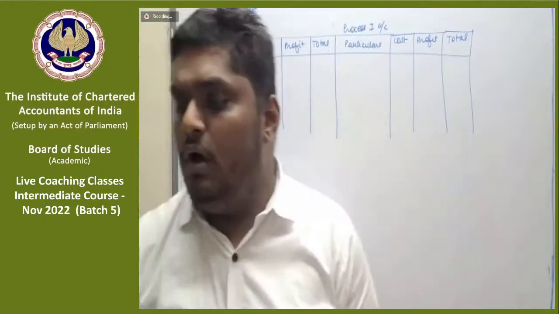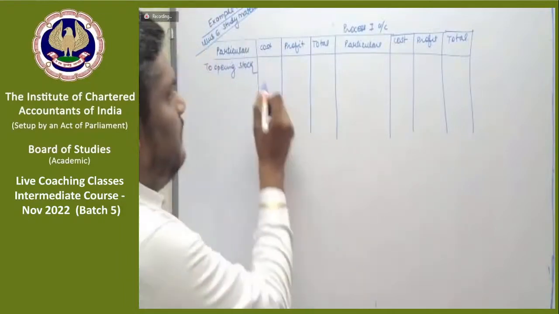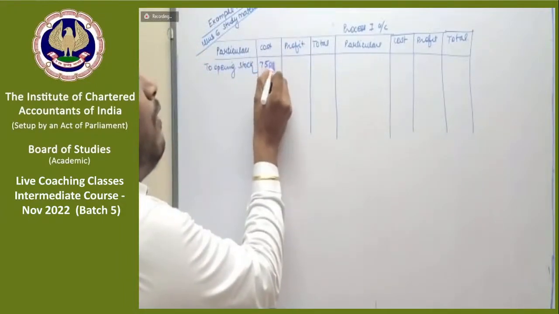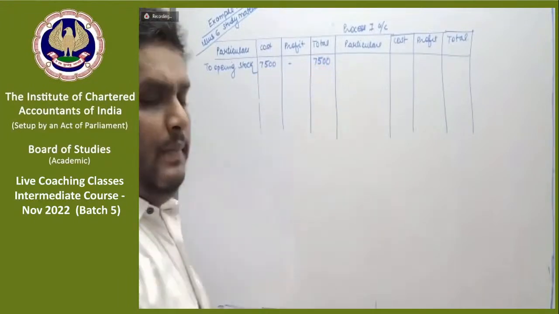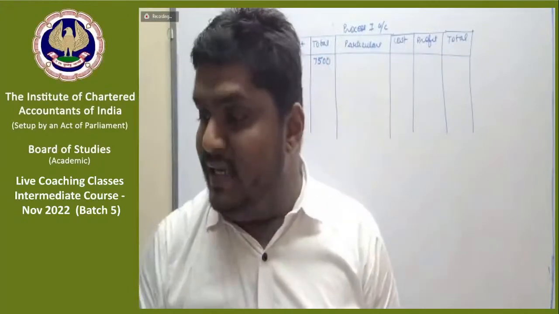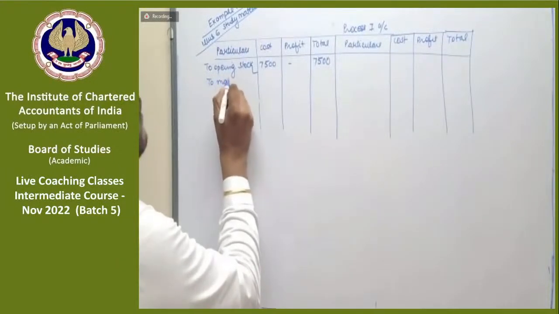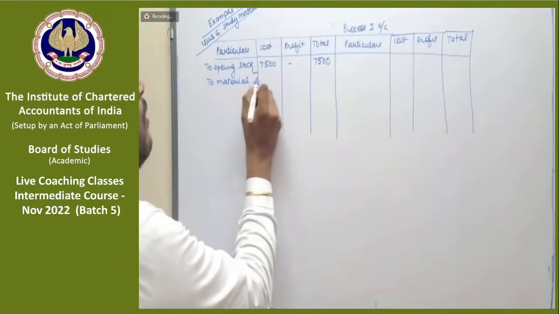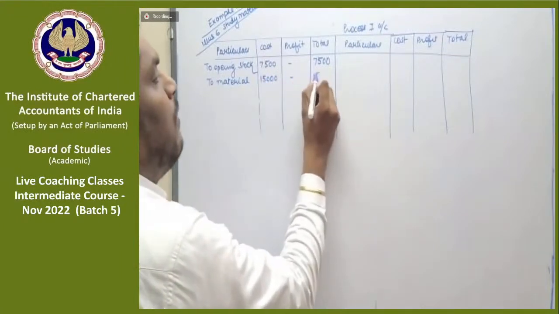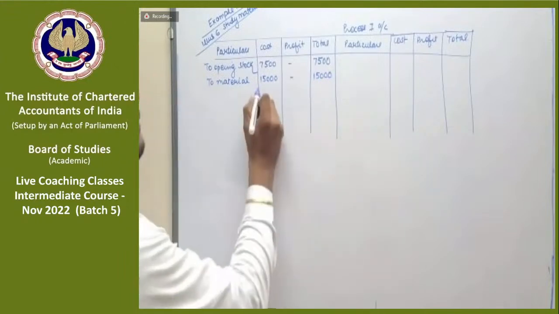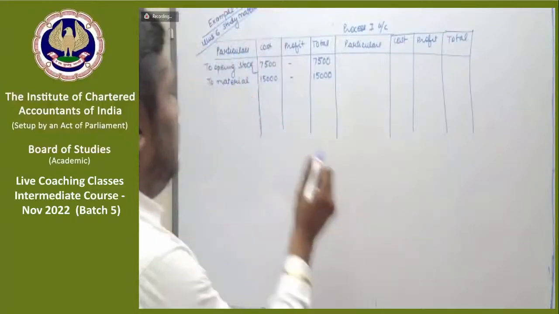To opening stock, wherein the cost is given, that is 7,500. Since it is the first process, so no profit is involved. Material is given, that is 15,000. Wages is given, that is 11,200.